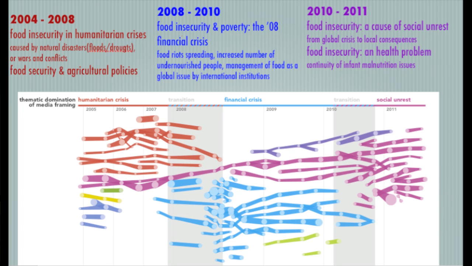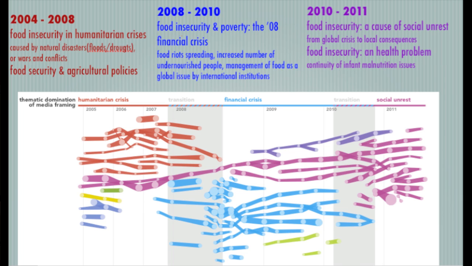And eventually you can reach an interpretation that is, at the moment, a reconstruction of what happened so far until 2011, where we see three specific, let's say, big framing periods. The first one starts in 2004 until 2008 approximately, and was related to food security in relation to a humanitarian crisis.